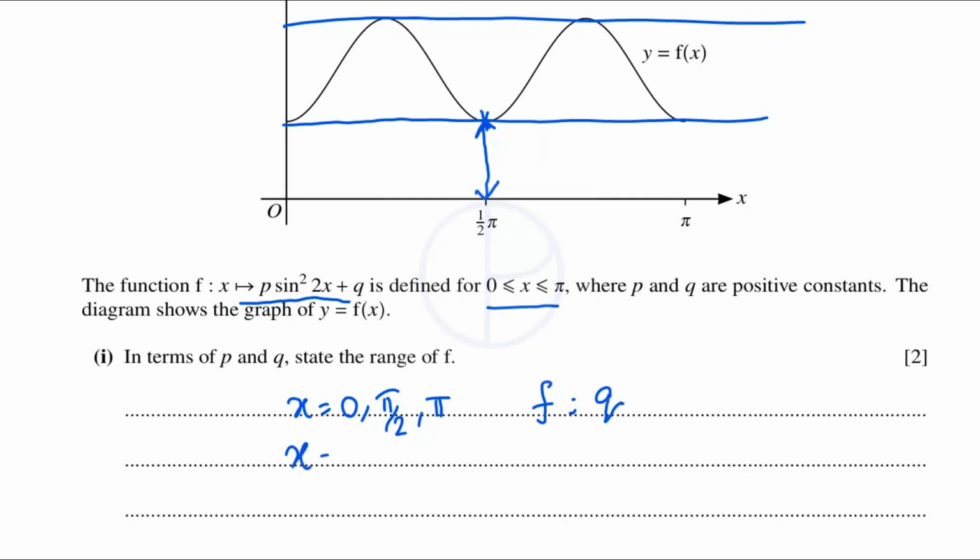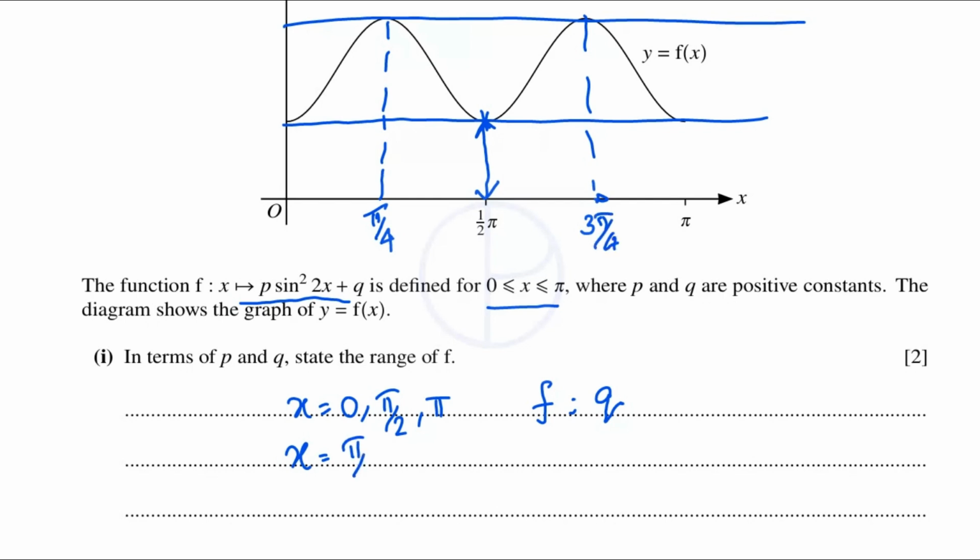So what is this value? This is the midpoint of 0 and pi over 2, which is pi over 4, and this point is 3 pi over 4.